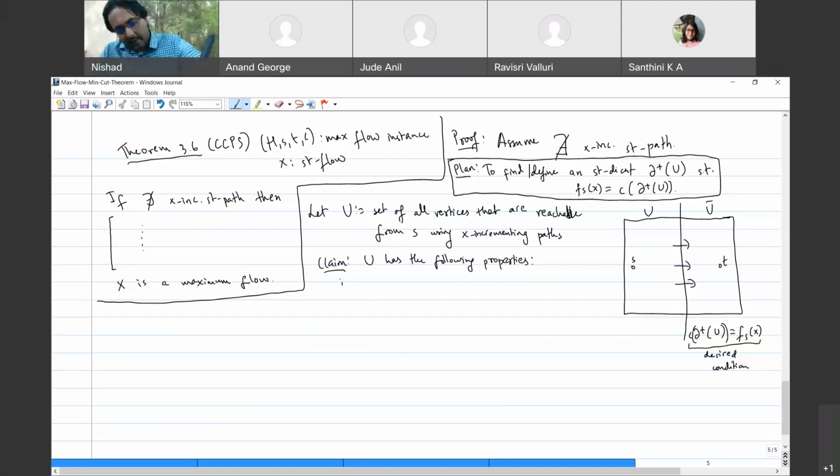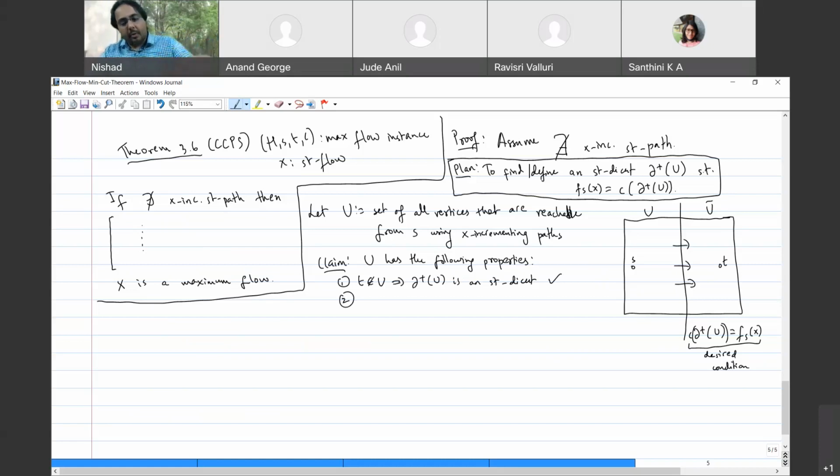The first property is that T is not in U, which implies that partial plus of U is an ST dicut. This is clear because there is no x incrementing ST path. Therefore, T cannot be reached from S using x incrementing paths. This just follows from the hypothesis.